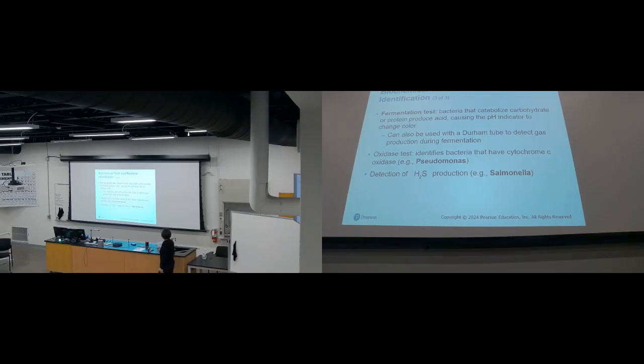Now, some bacteria will have different cytochromes in the electron transport chain, and some of them might not have even some cytochromes. So yes, they will have an electron transport chain, but they will be lacking a cytochrome.